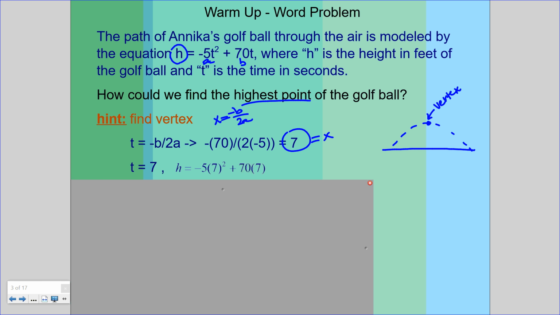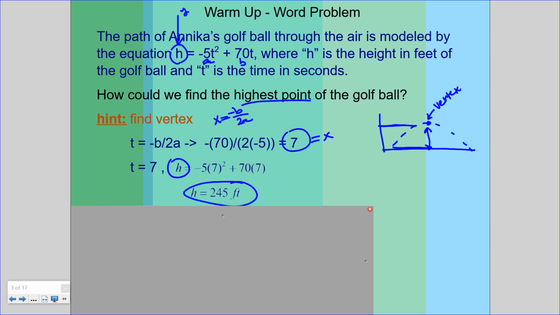To find the y, which is really the height, the x part tells us how far the ball goes before it hits that highest point, but the y tells us how high up it is on our y-axis. So we'll be solving for h, replacing each t, in this case time, with 7. Here we would find the height to be 245 feet in the air.